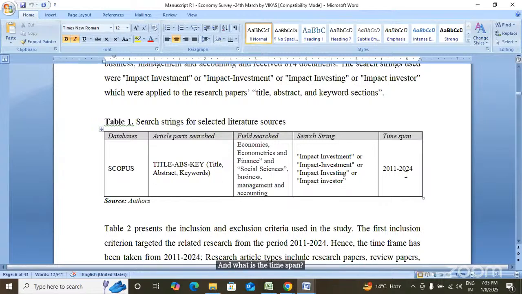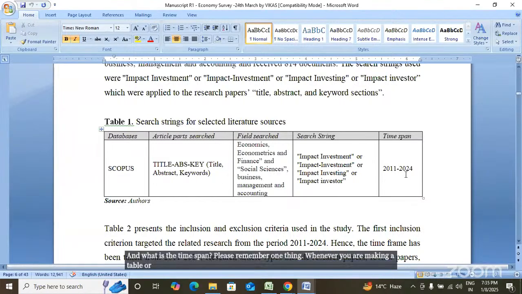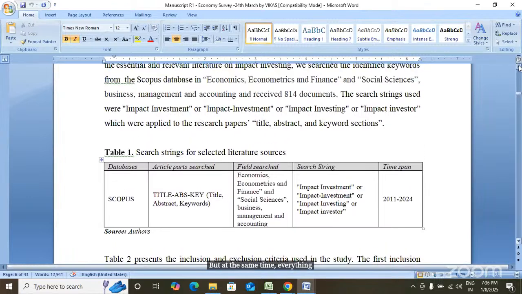Please remember one thing. Whenever you are making a table or a figure, do remember that you have to write about it in text form as well. It is important that you make a table or a figure, but at the same time everything is to be written in text form.